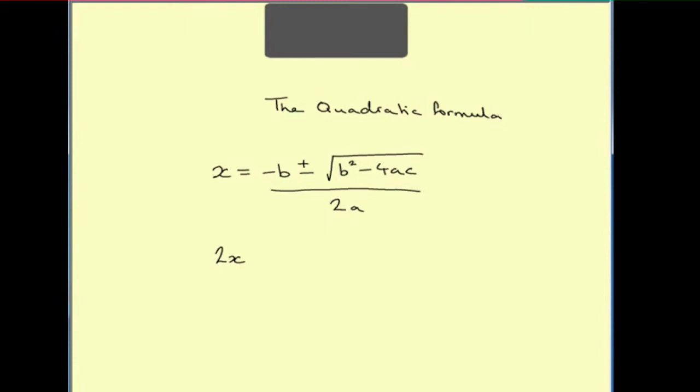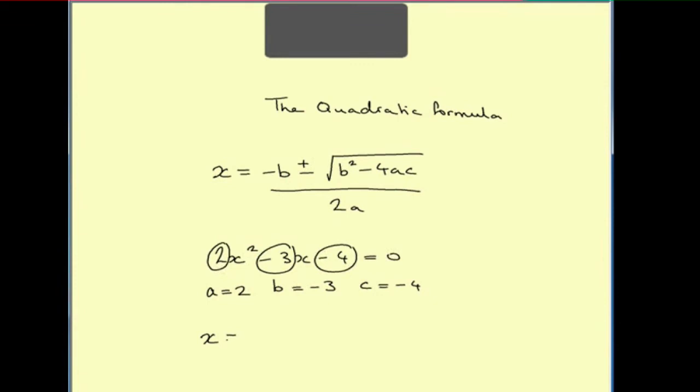Let's say we've got a quadratic 2x squared minus 3x minus 4 equals 0. So the value of a is equal to 2. The value of b is equal to minus 3. And the value of c is equal to minus 4. So what we do now, we substitute it into the formula.